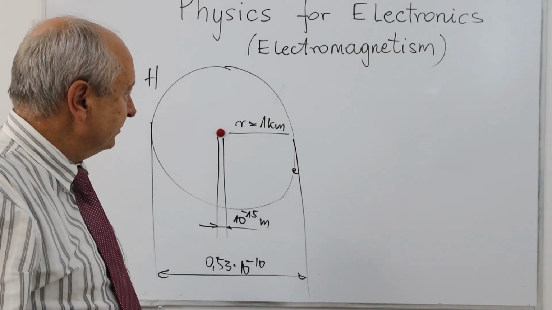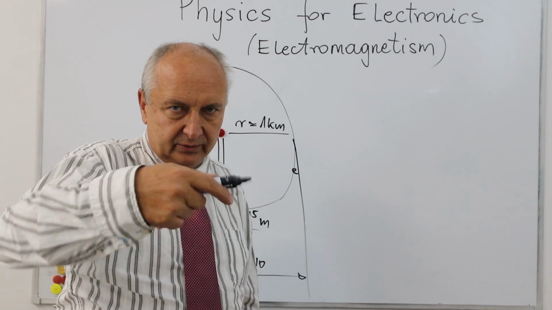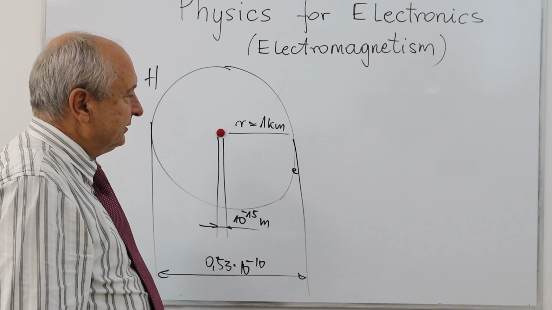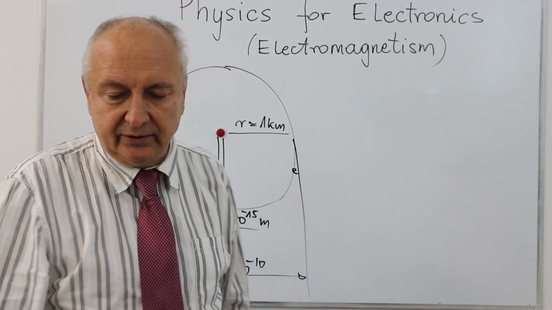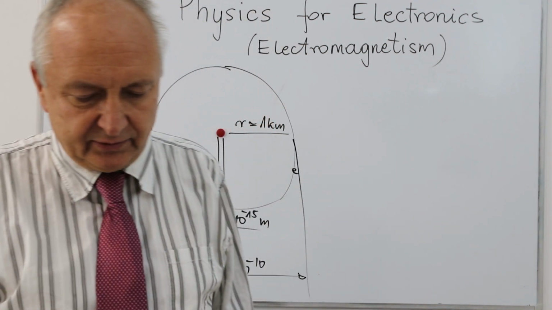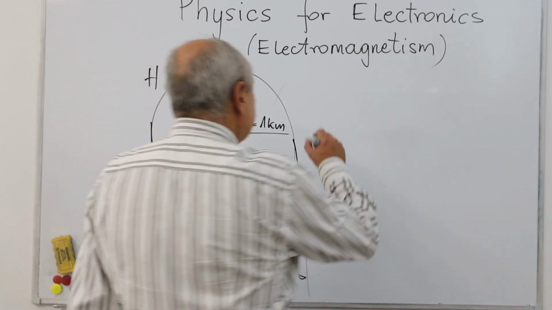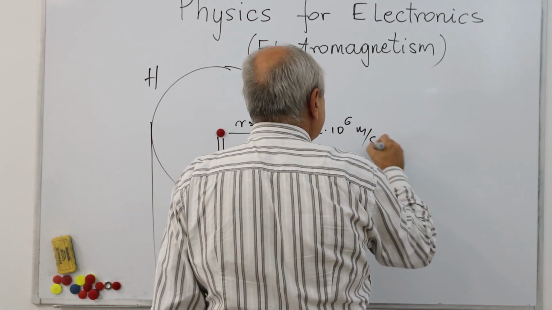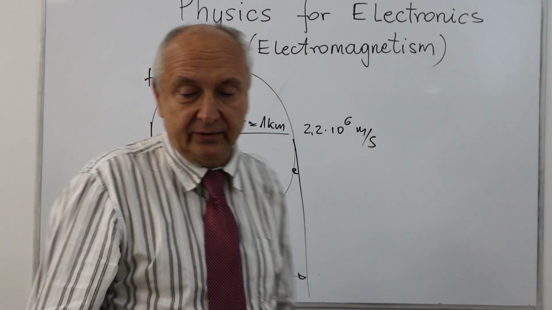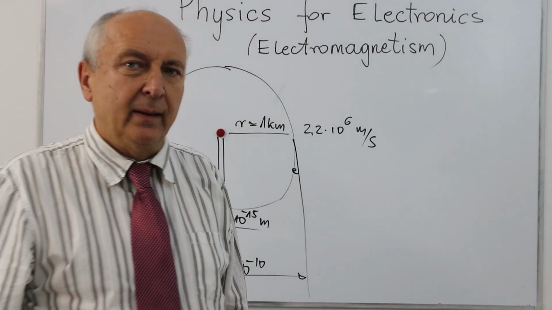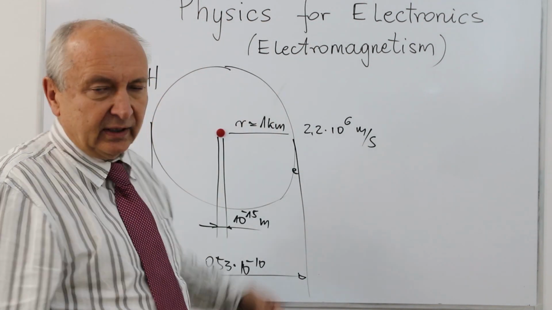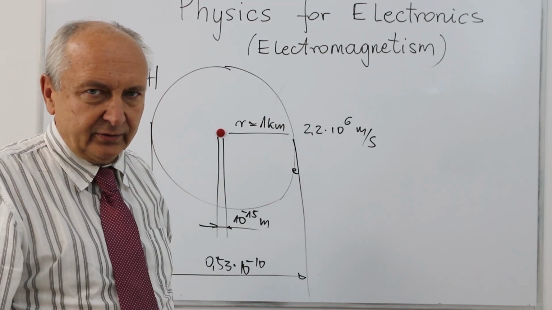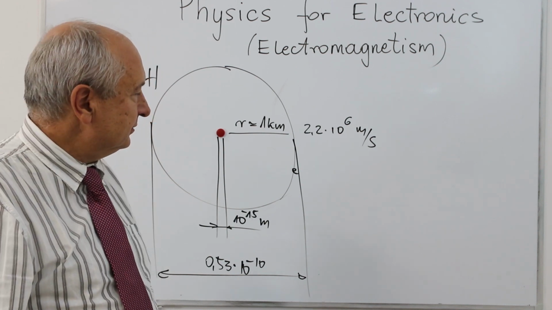Electron during its movement around the nucleus creates a sphere, and the velocity is very high. The velocity of movement is 2.2 times 10 to 6 meters per second. Of course, such velocity is impossible in air, but in the scale of the atom we have vacuum, so we can have this velocity of the movement of the electron.